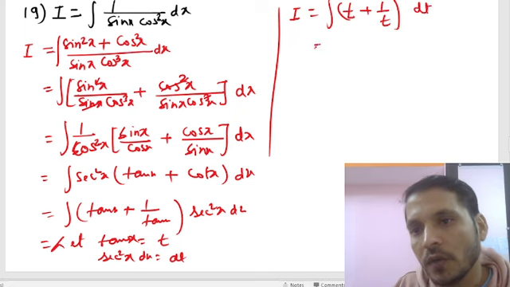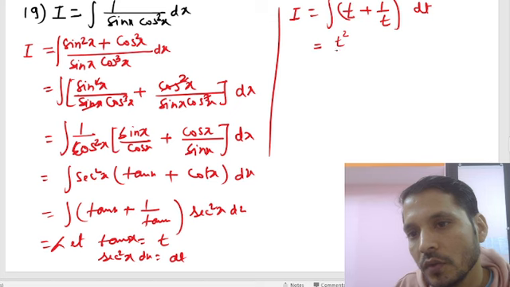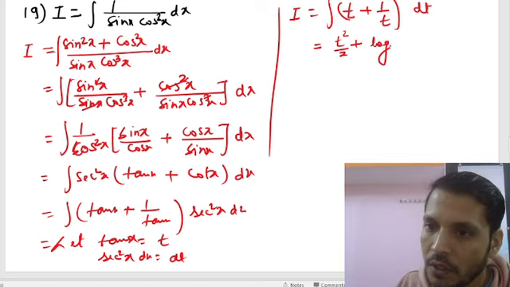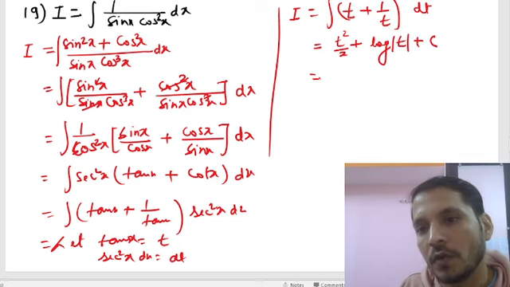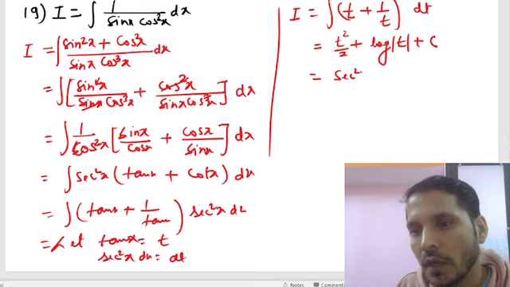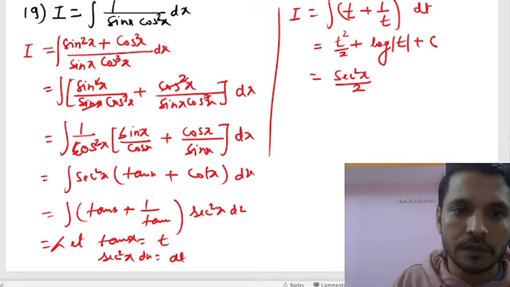Alright, now what is the integration of t? It is t square by 2. And what is the integration of 1 by t? It is log t plus c. So t is equal to what? t is equal to tan x.